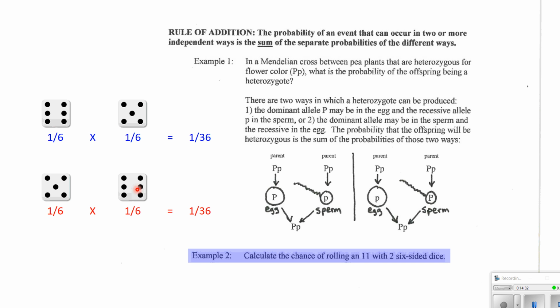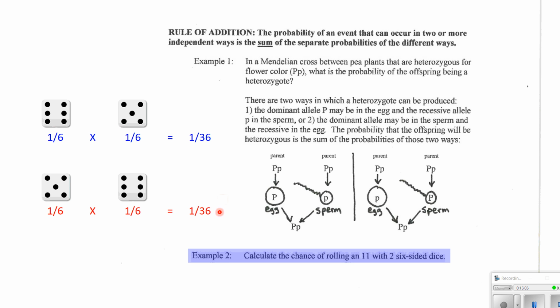So we have to calculate, using rule of multiplication, the probability of getting 11 the first way, 1 out of 6 multiplied times 1 out of 6, 1 out of 36. The same as the probability of rolling a 12. But then we have to calculate the probability of landing on 11 the other way. 1 out of 6 times 1 out of 6 is 1 out of 36 chance.